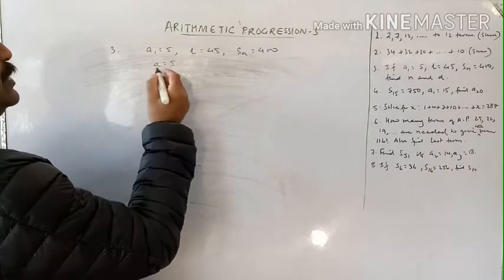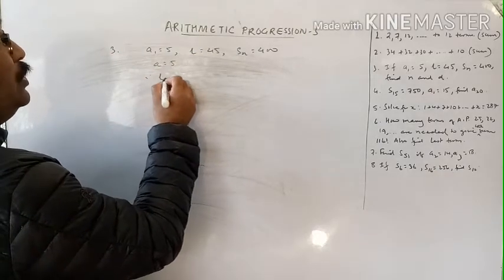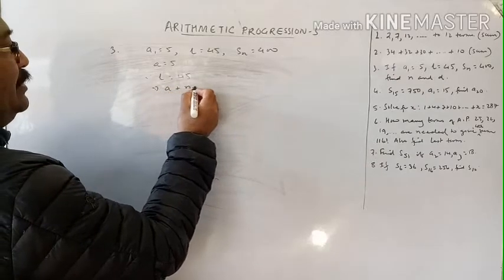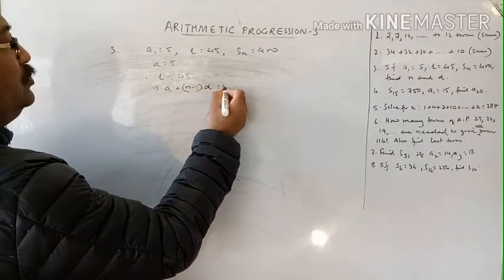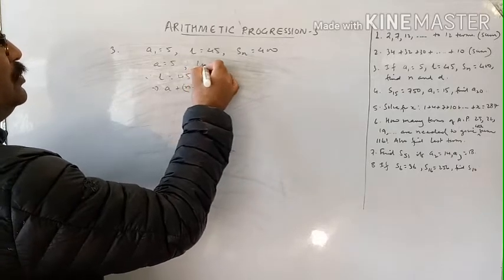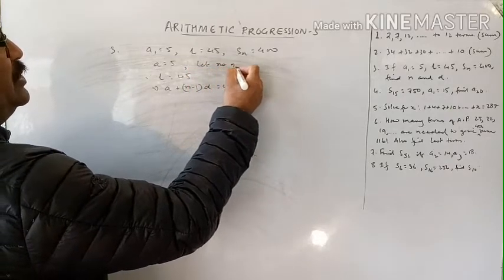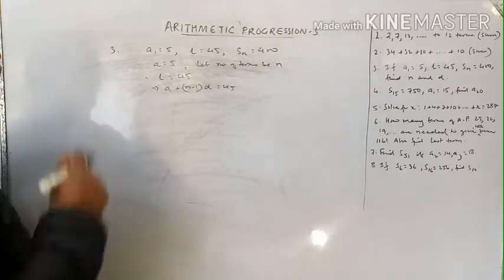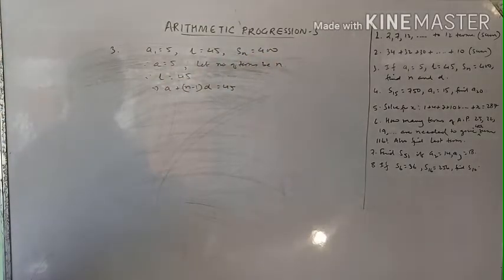45. That means l equal to 45 implies a plus n minus 1 d is equal to 45. So let the number of terms be n. So a plus n minus 1 d equal to 45.